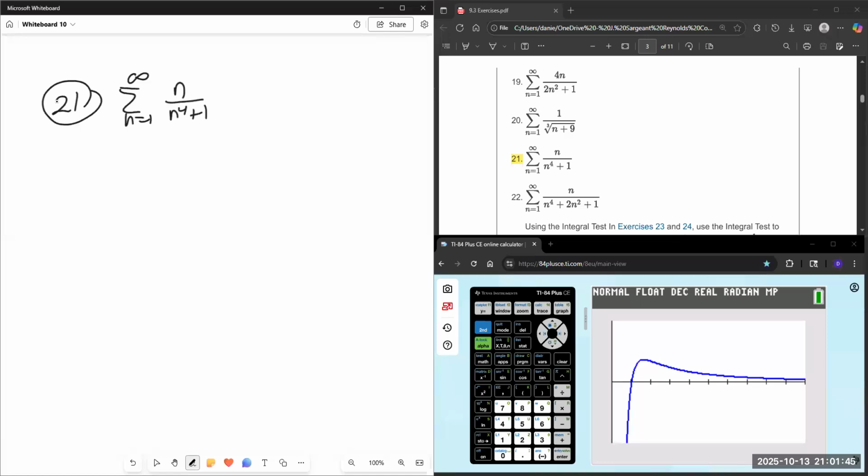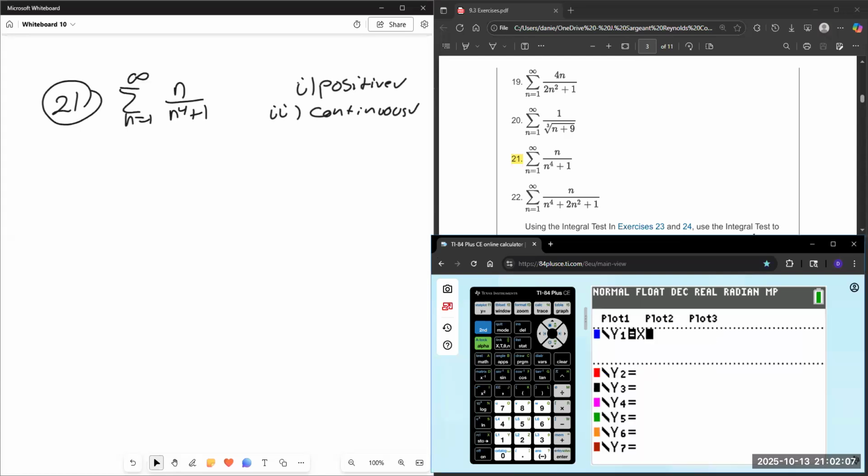It's always positive, so positive is taken care of. Continuous is good because there are no discontinuities here. And what about decreasing? x over x to the fourth plus 1.